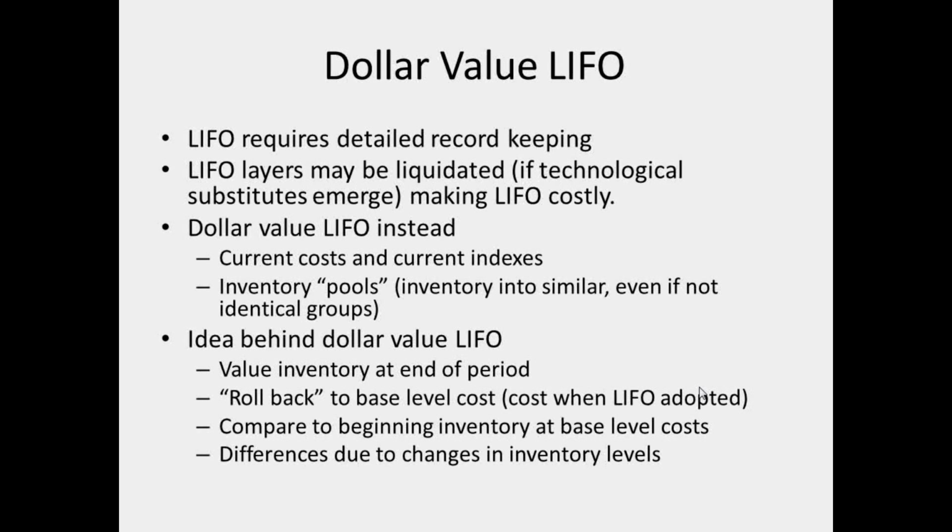If you remember from what we were doing before, we had to have a lot of detailed records about how many items we bought and all that. That made it difficult to do LIFO or FIFO, for that matter. You had to know exactly how many units, exactly what they cost you. And one of the concerns is, what if you're a company with 5,000 different products?